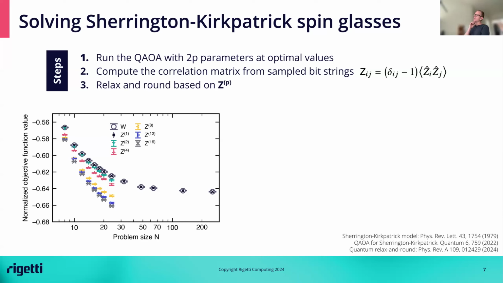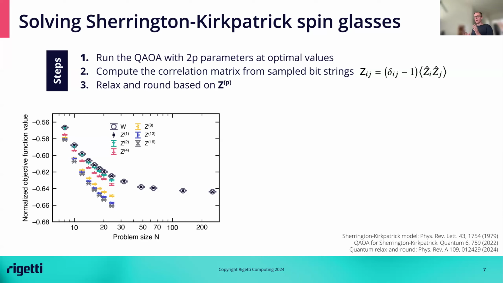The circles correspond to the classical relax and round method on the adjacency matrix of the graph problem directly. The other markers or symbols correspond to the quantum relax and round version from p = 1 to p = 16, so with more and more variational parameters in the QAOA. And we observe that by increasing the number of variational parameters, we do better and better, given the objective function needs to be minimized.